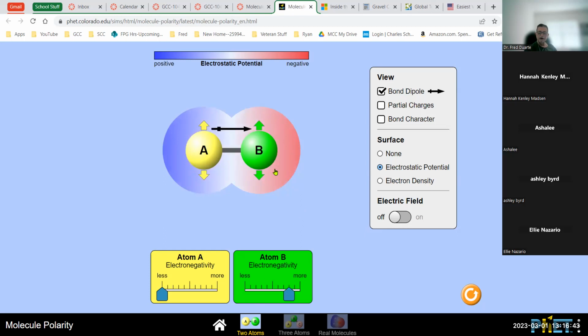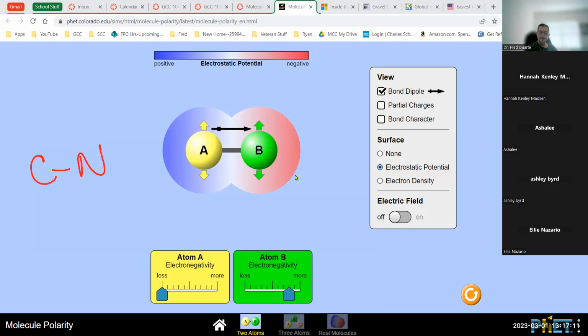Okay, so in this scenario, we have the AB scenario where B has a higher electronegativity. So this example could be like carbon and nitrogen being bonded together, because nitrogen is more electronegative than carbon.